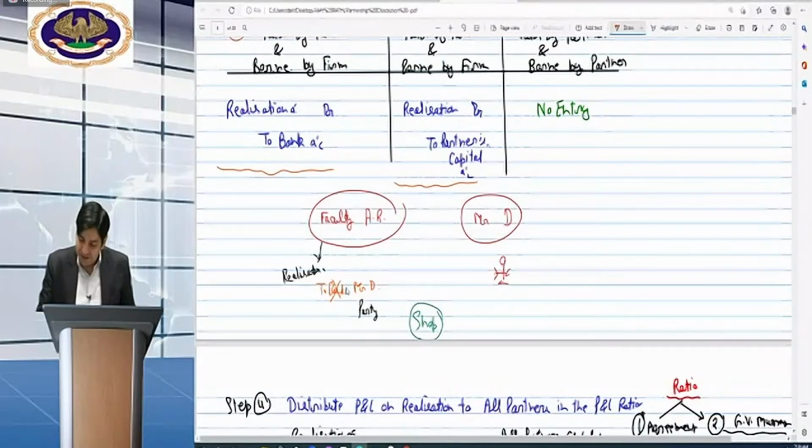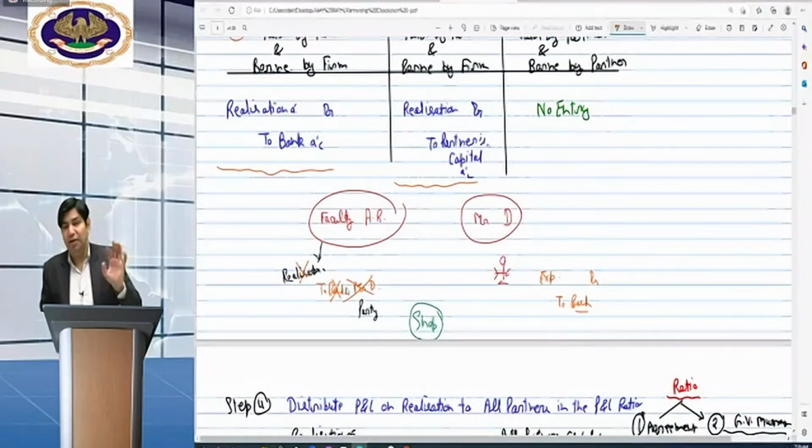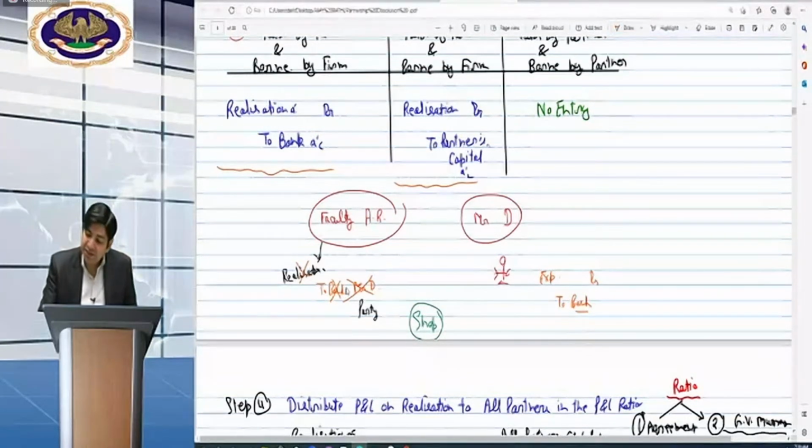Mr. D says, sir, this is my expense. Then beta, debit your expense in your books, not in my relation. Who paid? Dinesh paid. Then Dinesh will credit bank, why should I say anything? No, I will not say anything, debit or credit. Okay, beta. So the same is the case here.